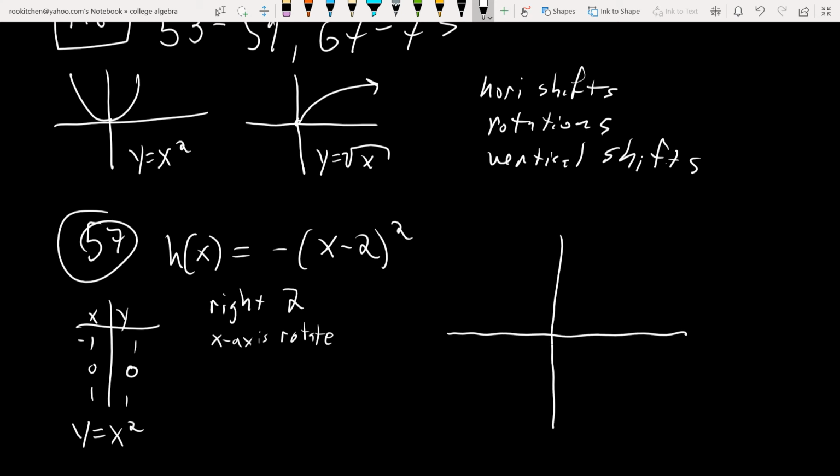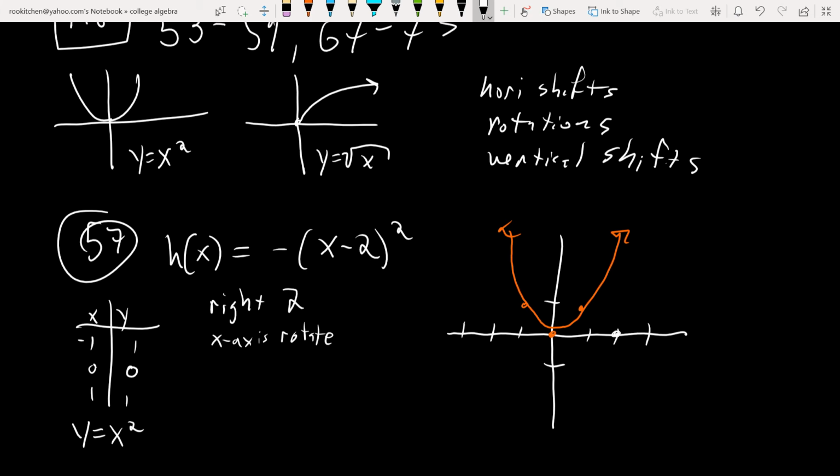Okay. So if I graph the original, I'll put it in a different color so it's clear what I'm doing. So it's these 3 points starting with. Okay, so I shift this thing over 2 places, so 1, 2.